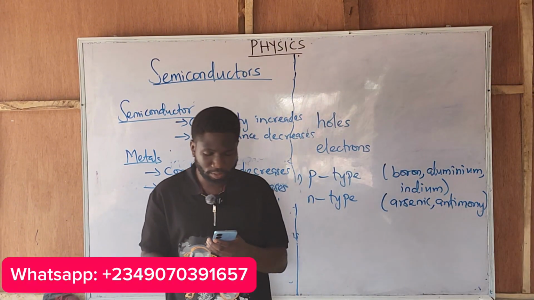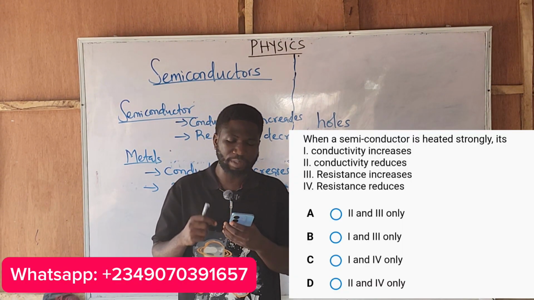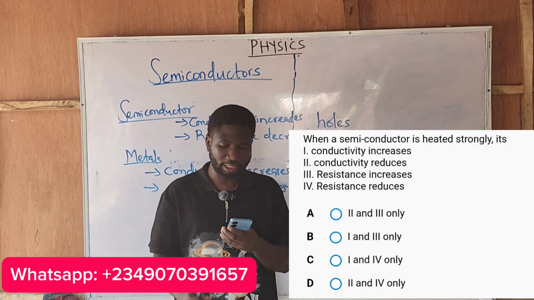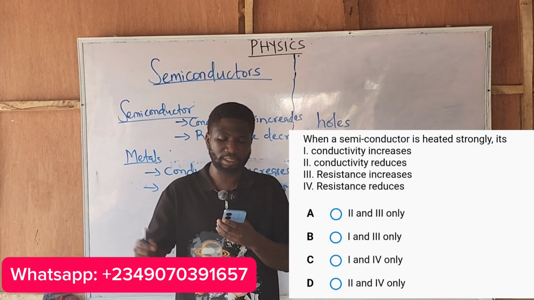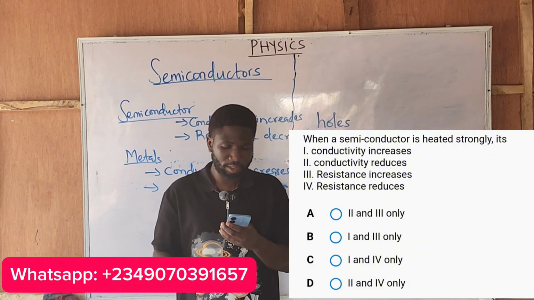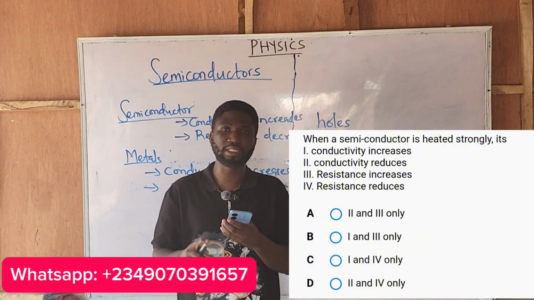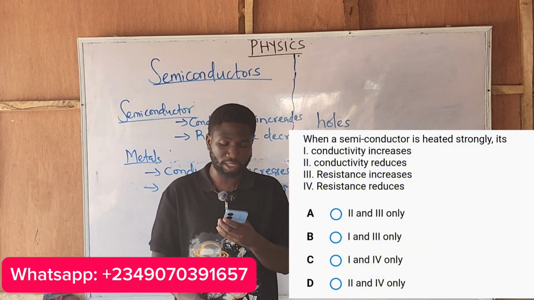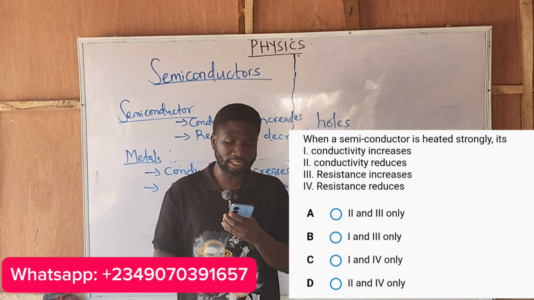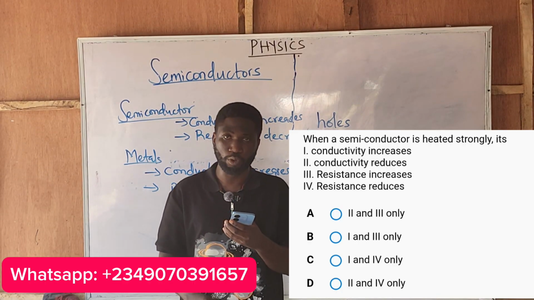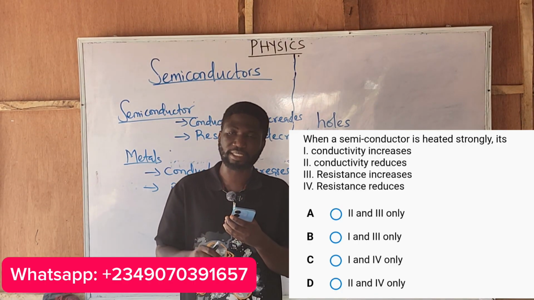The next question says, when a semiconductor is heated strongly, its conductivity increases. Is that correct? Yes. Conductivity reduces? That is actually wrong. Three says resistance increases. No. Four says resistance reduces.